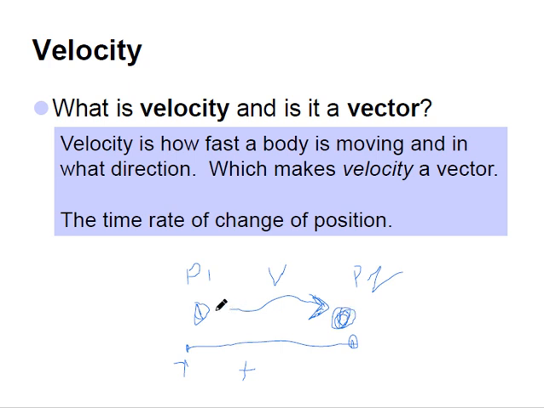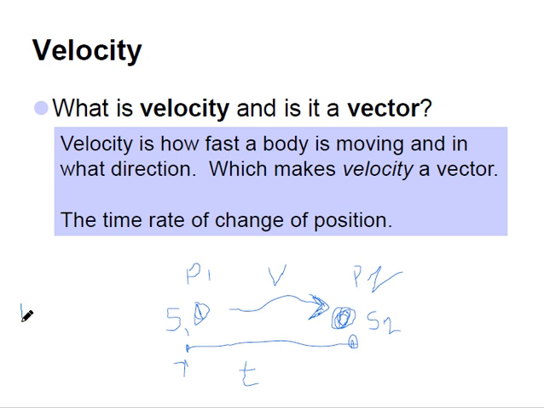We have the magnitude from here to here, and the direction going that way. Velocity is the speed, it is a vector, it is the rate of change of position over time. Now I'm going to denote position as S, because that's how we identify position mathematically, instead of the common word position as P. So you have position, you have time, and you have velocity.